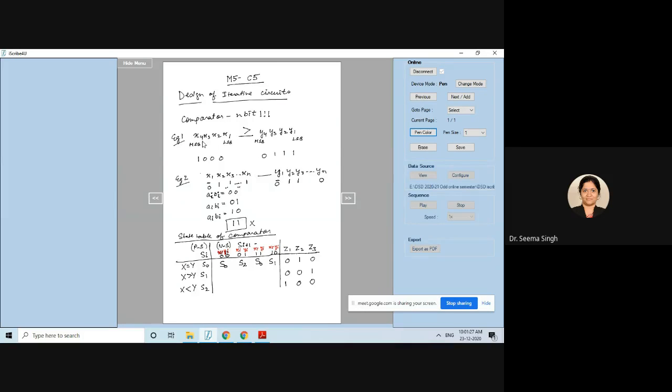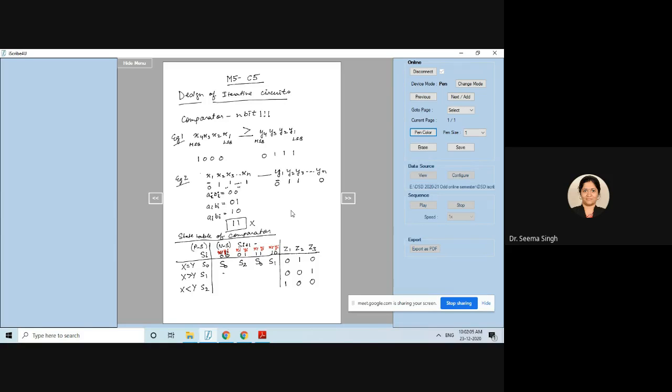When my MSB said that one number is higher than the other, these things do not matter, because in a binary number, MSB plays the major role for comparison. So when x is already greater than y based upon my MSB, my present input of x and y does not matter. It has already gone to S1 state.